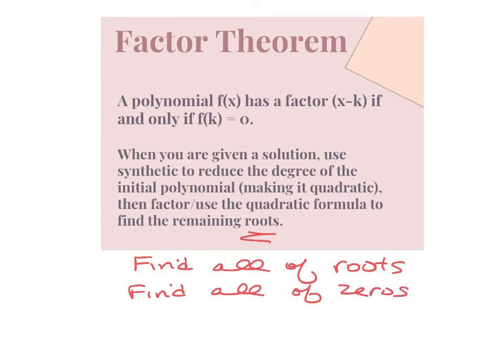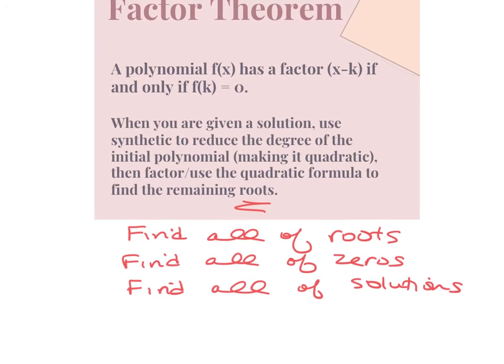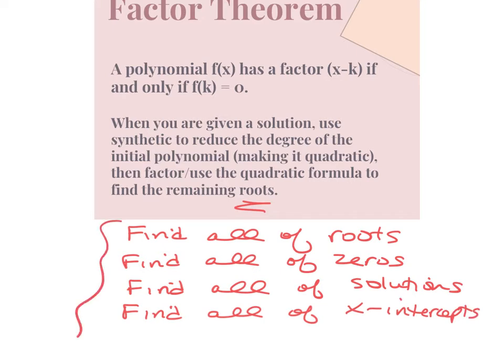Or it could say, find all of the solutions. Or the question could say, and this is for SAT too, find all of the x-intercepts. All 4 of these are going to be the same thing. They all mean the same thing. They expect you to do exactly the same thing, which is what I'm about to show you.